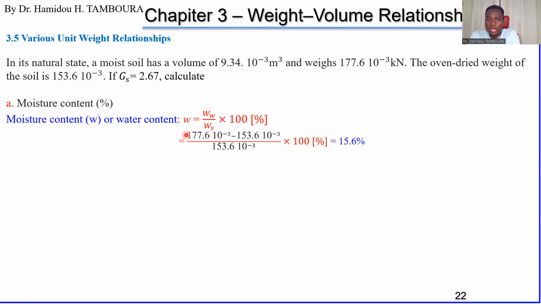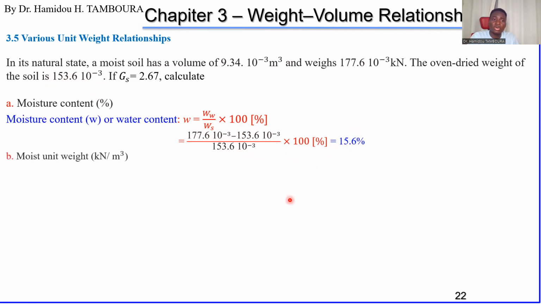That's why we did this weight minus this weight to obtain the weight of the water. And of course, the weight of the soil particle is this one, as I explained. So we can obtain 15.6% as water content. Okay, so that was the first question.